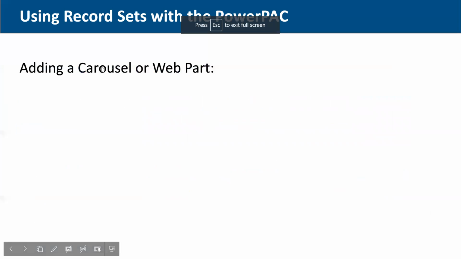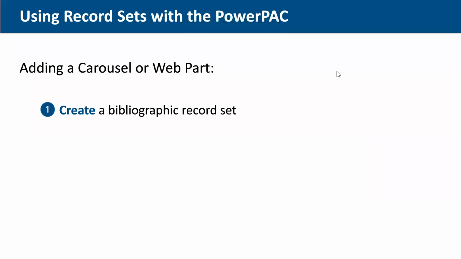So here's how you can add a carousel or a web part. The first step, no surprise, is to create a record set. Again, it has to be a bibliographic record set, and the ownership needs to be set to the branch level or library level. Second, you'll need to note the record set ID number.